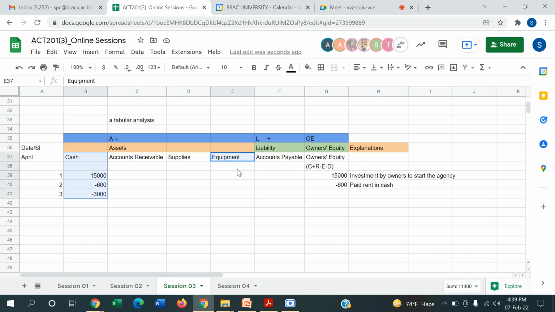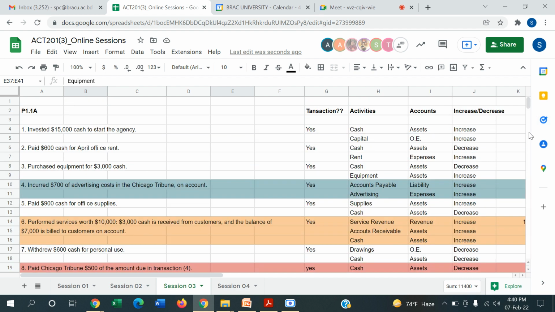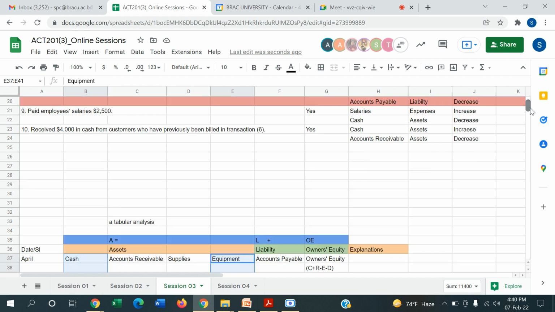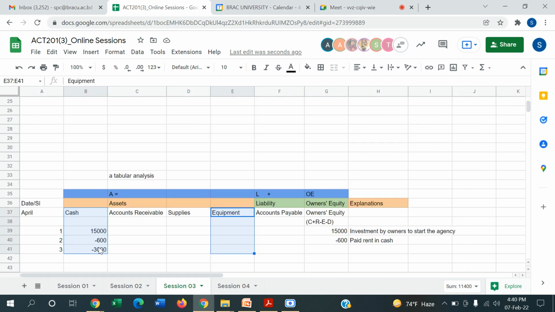You said that cash decreases, equipment increases. We are going to do the same thing here, whatever you have done earlier, applying it with the numerical values.